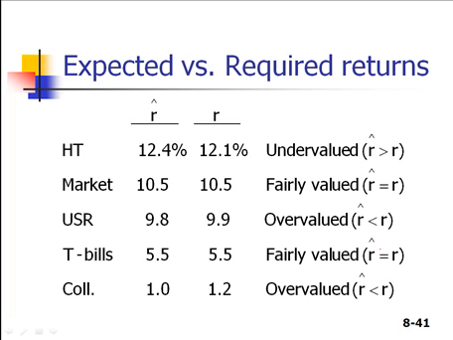In equilibrium, if everything is fairly valued, then they should be the same. And in fact, you do see a couple of cases here where we are in equilibrium and things are fairly valued. Take a look at this case. Again, those actually are equilibrium cases, and the two numbers are the same.